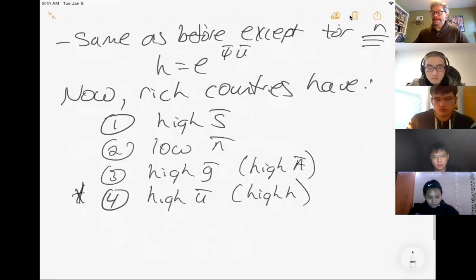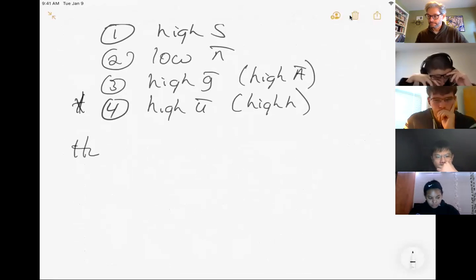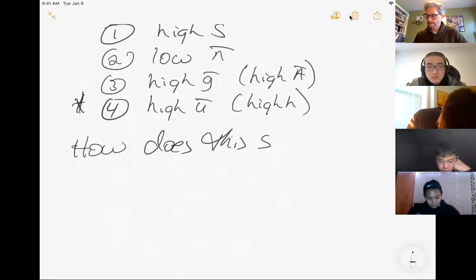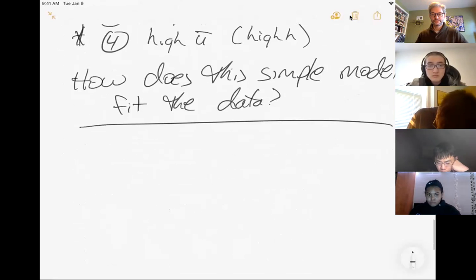So now the next question is really an empirical one. How does this simple model fit the data?